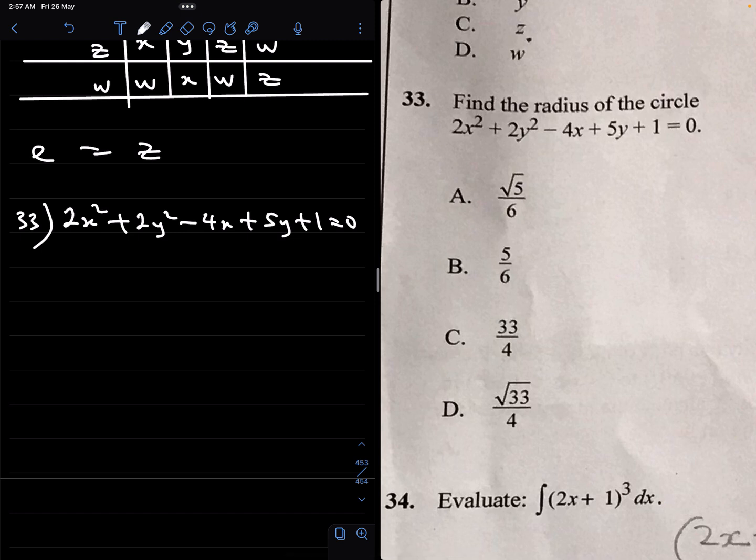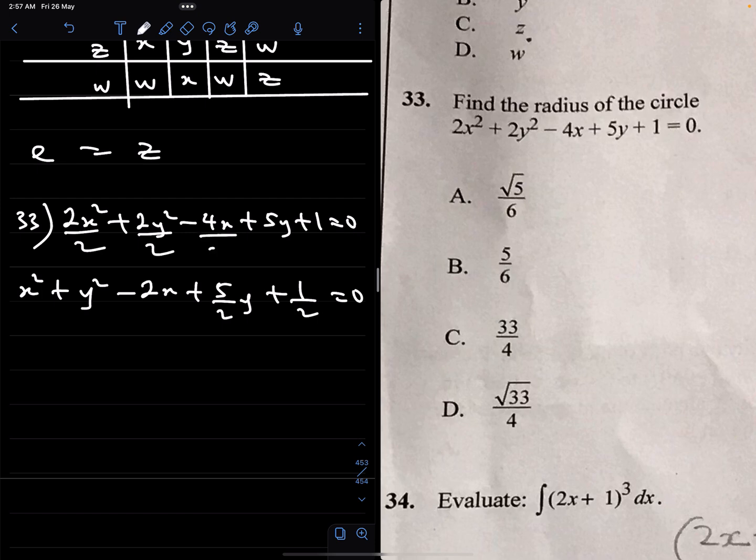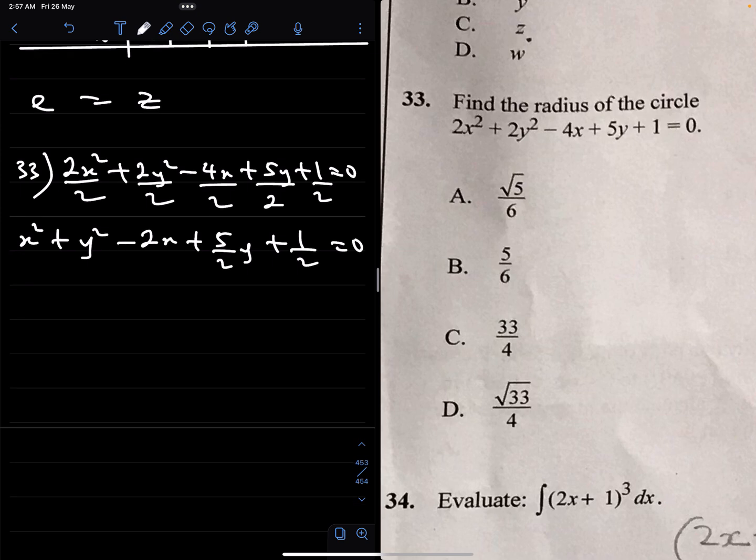So when we divide through by 2, we're going to have x squared plus y squared minus 2x plus 5 over 2y plus 1 over 2 equals 0. I've just divided through by 2 so that the coefficient of x squared will be 1 and the coefficient of y squared will also be 1.